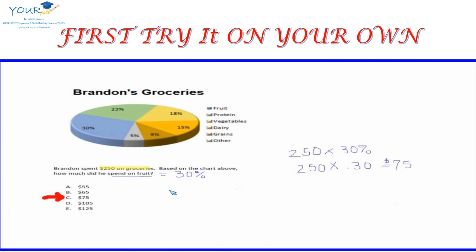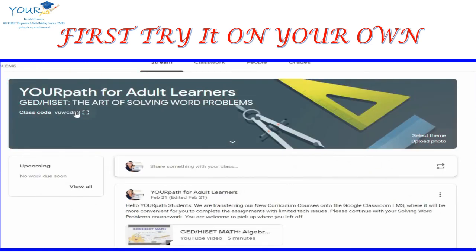Also, you want to make sure that you are clear about what it is the question is asking you to do, so you should always reread your question. And we talked about this test-taking strategy in a few of our other videos. It is also applicable here, especially when you're working with word problems. So our students can actually go to our course, The Art of Solving Word Problems, and get more practice on solving word problems and familiarizing yourself with the various types of word problems that exist.